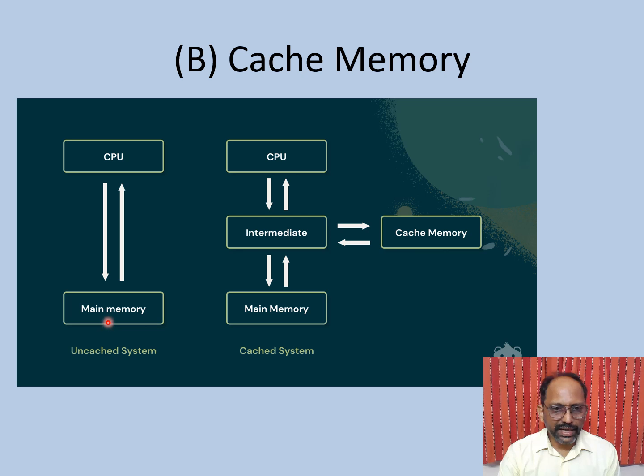My program and data will be stored in the main memory of the computer system. The CPU can directly access those data and instructions which are present in the main memory, and it can use them for processing. Every time the data or instruction is required, the CPU will search for that data and instruction in the main memory.